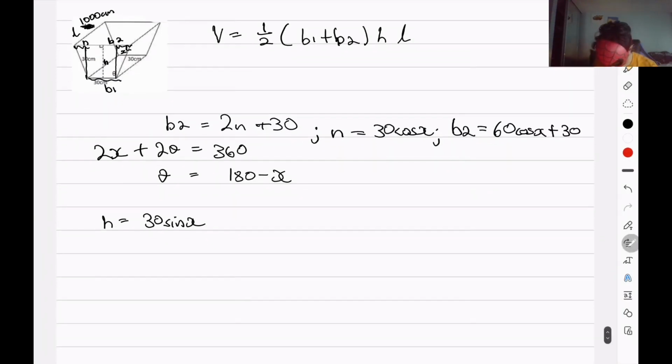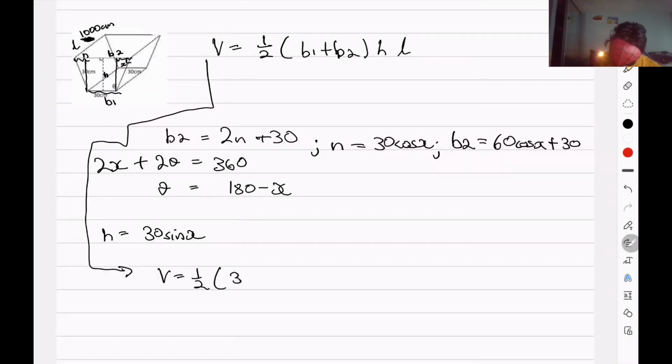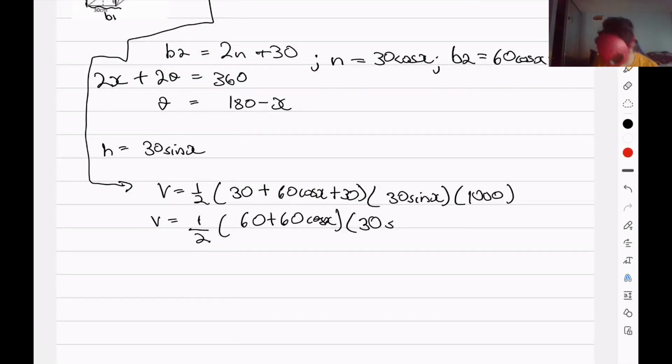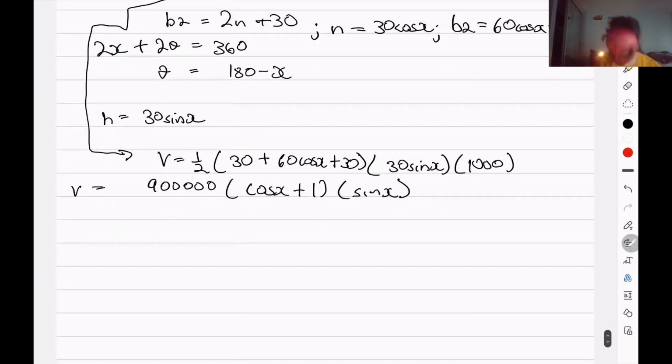Now that we have base 2 and we also have the height, we can plug them into the volume equation and then try to maximize the volume. Now that we have a simplified volume equation, we can find the derivative of this.